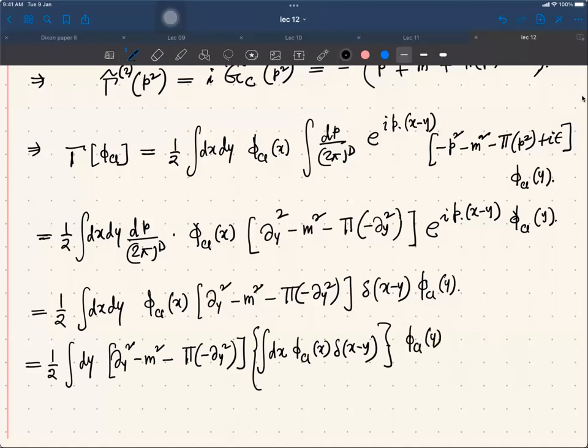This operator was not acting on φ_cl(y), it's acting only on δ(x−y). But then this is nothing but φ_cl(y). So basically you get a quadratic piece, φ_cl(y) times this operator acting on φ_cl(y).